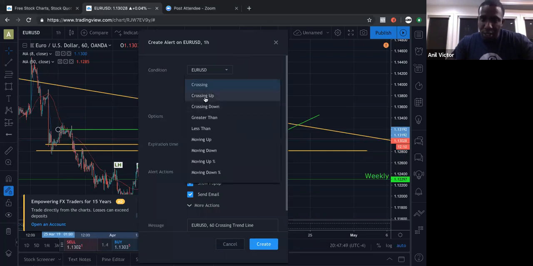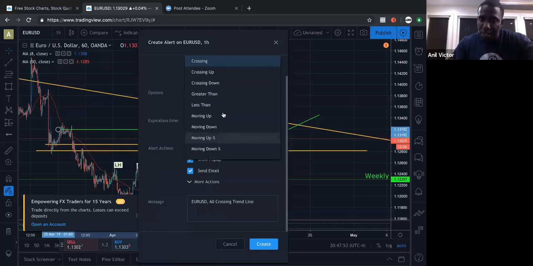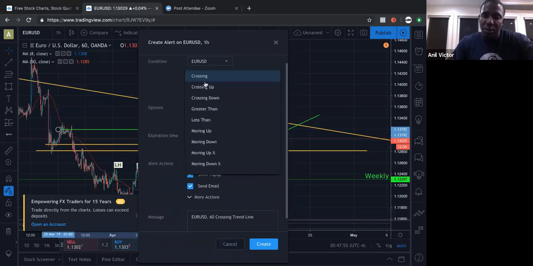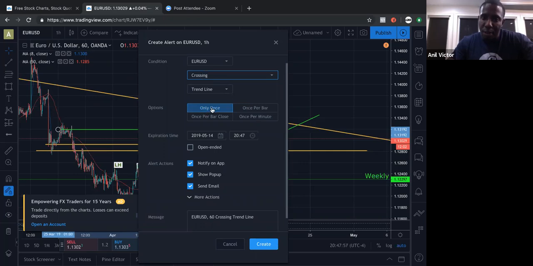Crossing either direction, crossing up, crossing down, greater than, less than, moving up. You could base it off of percentages, but just a crossing is perfectly fine. And then your options, you have only once. So if it taps it or crosses over it once, it'll notify you once. Per bar close, if it goes above it and then closes above it, it'll notify you once per minute.